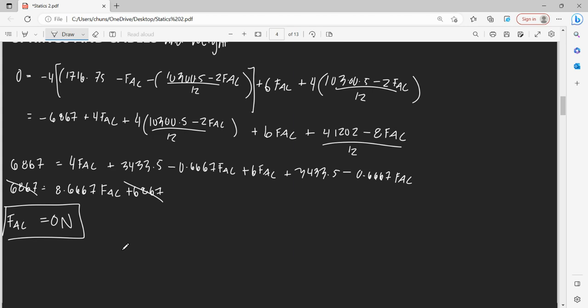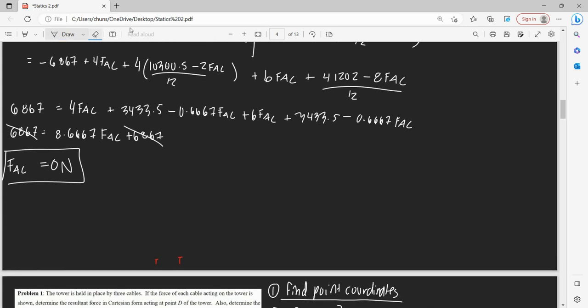So then when we plug this back in to the other equations we made, now going backwards, we should do the other one first. Sorry, plugging into equation 2 again, we know that FAD is equal to 10300.5 minus 2 FAC over 12.